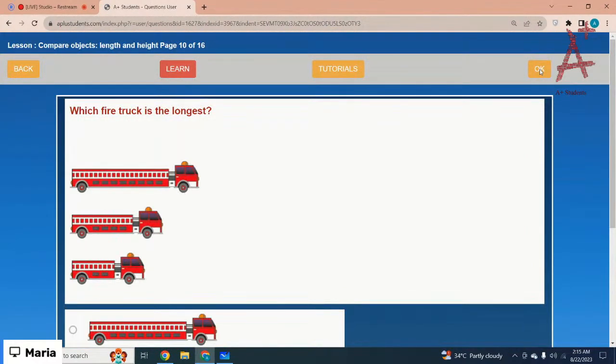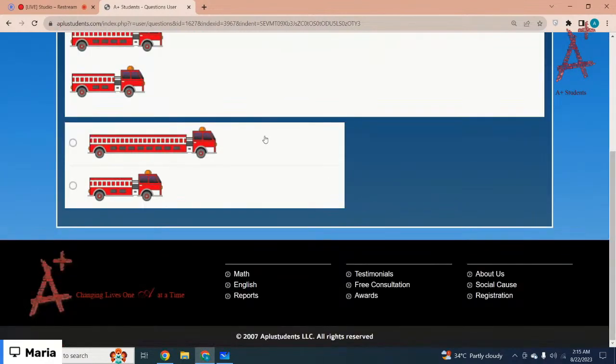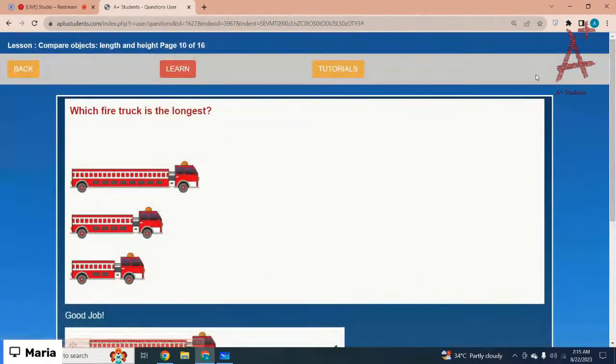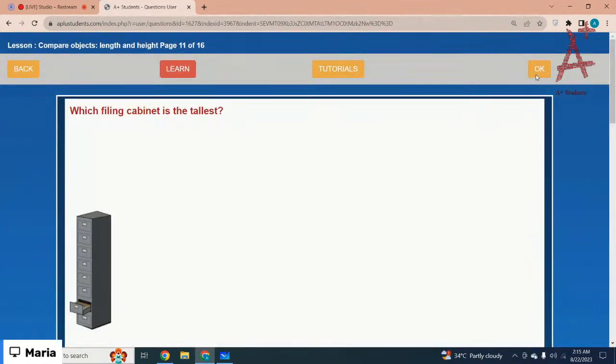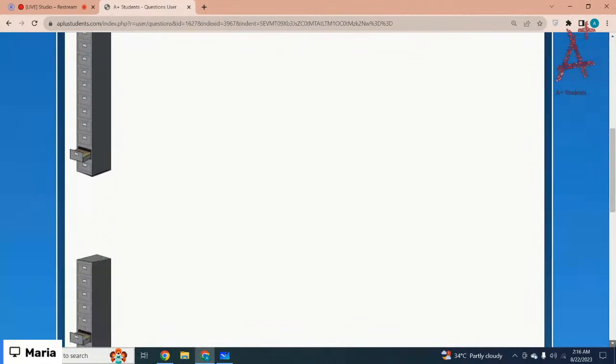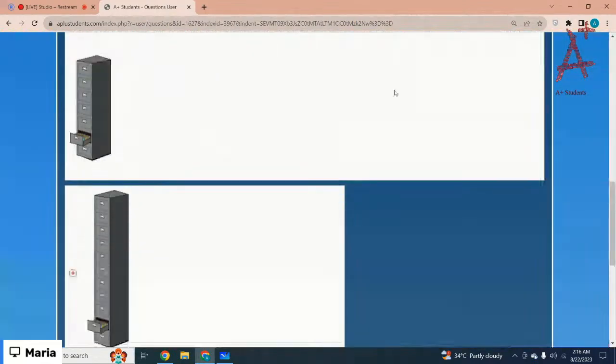Which fire truck is the longest? Option 1 is the correct option. Which filing cabinet is the tallest? Option number 1 is the correct option because you have to select the tallest one.